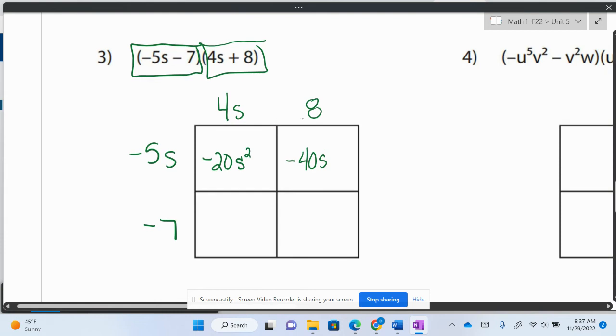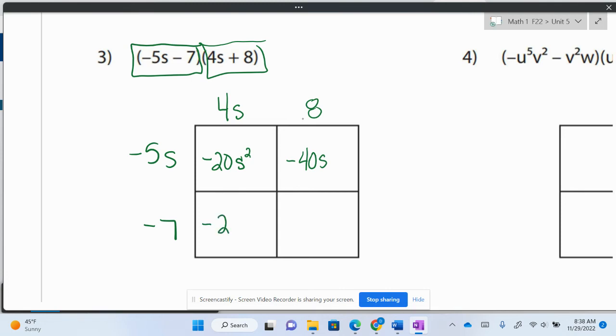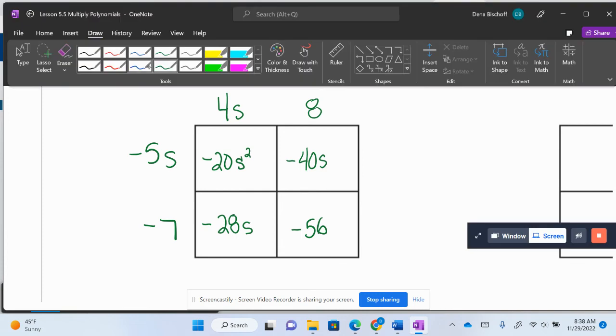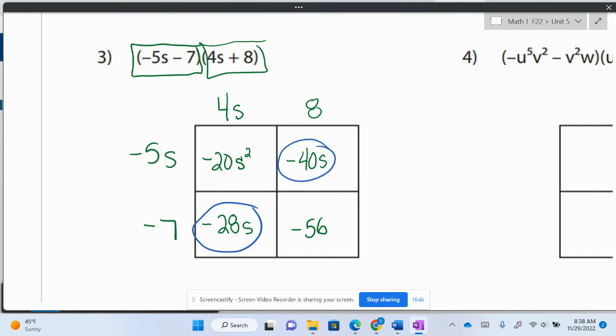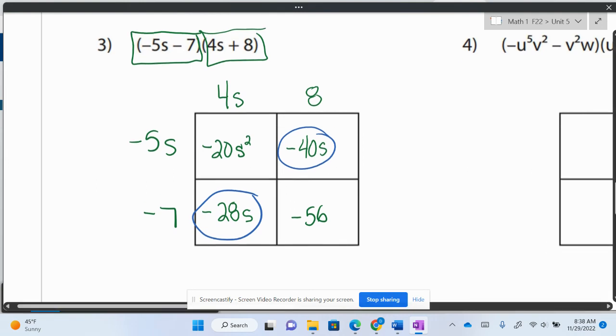Now I'm going to do negative 7 times 4s. Negative 7 times 4 is negative 28. Bring down your s. And then negative 7 times 8 is negative 56. And when you use this method, typically, not always, but typically you will be able to combine the two terms that are diagonal.